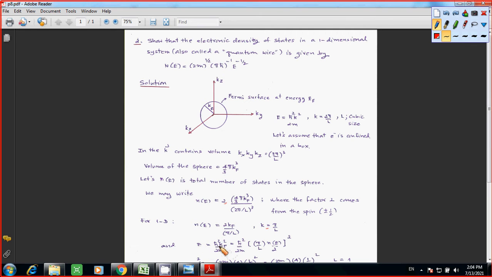So you have h bar squared kF squared over 2m, and you simply substitute kF. This is your kF, pi over L, and then in terms of E, because you get kF from this equation. Okay, something about the math.